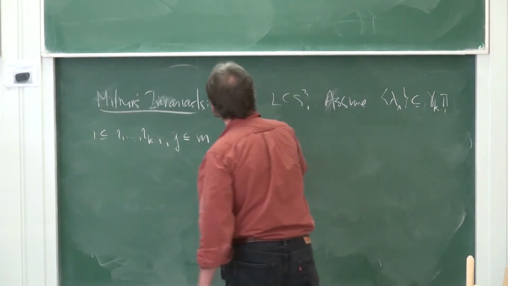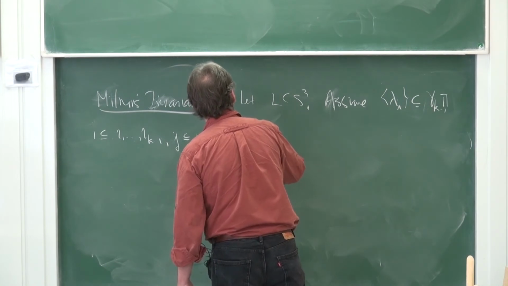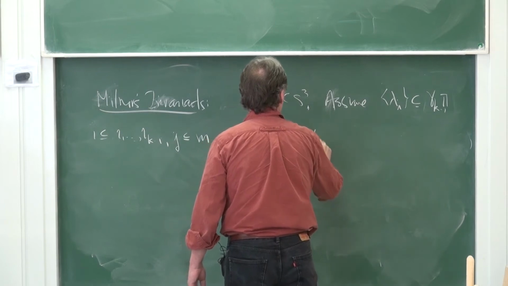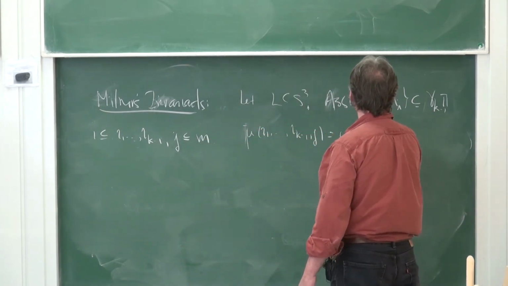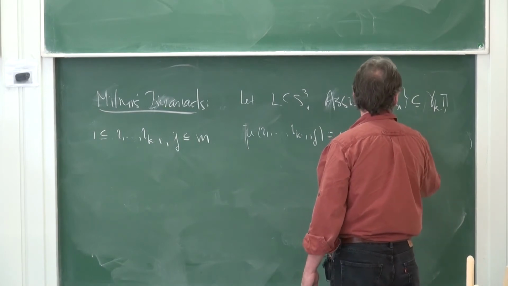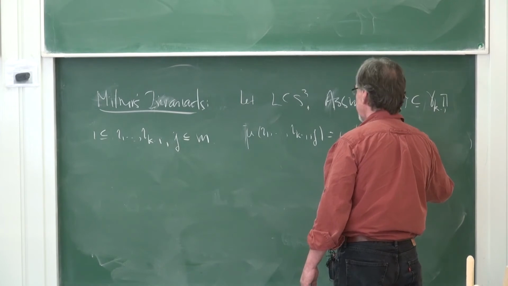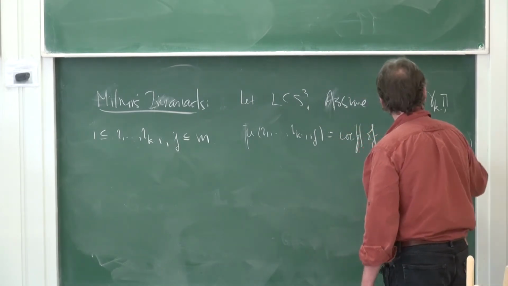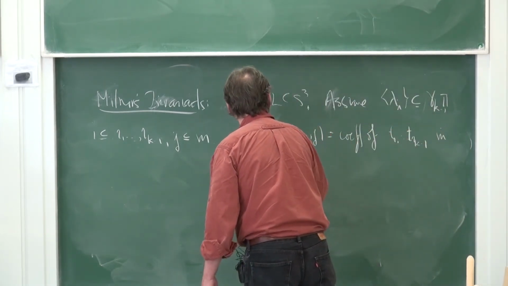And Milnor defined what he called mu bar of I1 through I(k-1) j to equal the coefficient of t to the I1 through I(k-1), that monomial, in phi of lambda j.